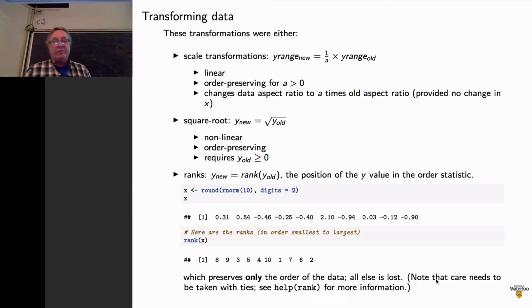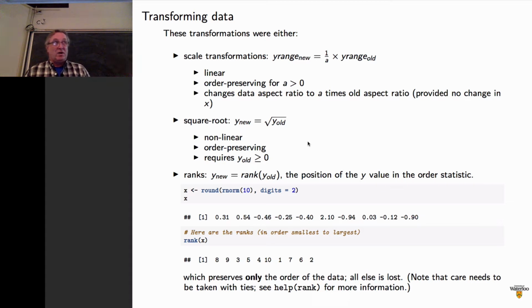So here's what we've looked at. We looked at some scale transformations. They're linear. They preserve the order of the data, so that if x was smaller than y, when I rescaled it, x was still smaller than y, provided I had a positive scaling. Square root: this is a nonlinear transformation, also order preserving.